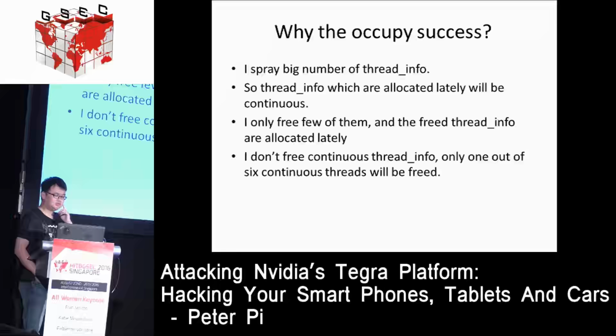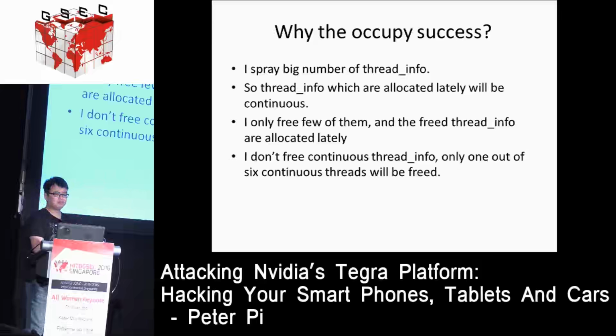How can I assure the occupy succeeds? Firstly, I spray a big number of thread info. So the thread info which are allocated very lately will be continuous, because it occupies almost all the heap memory.